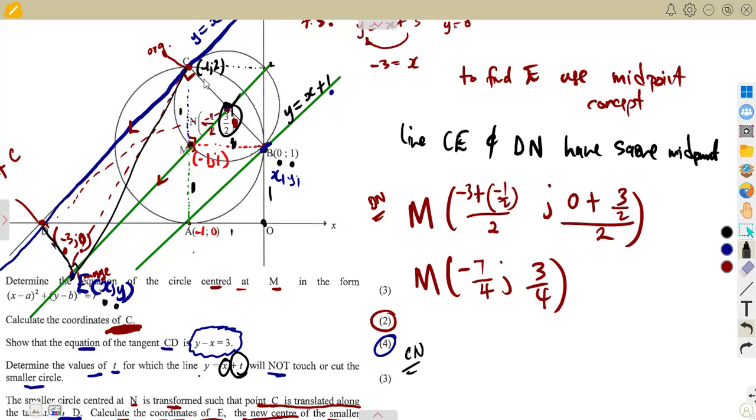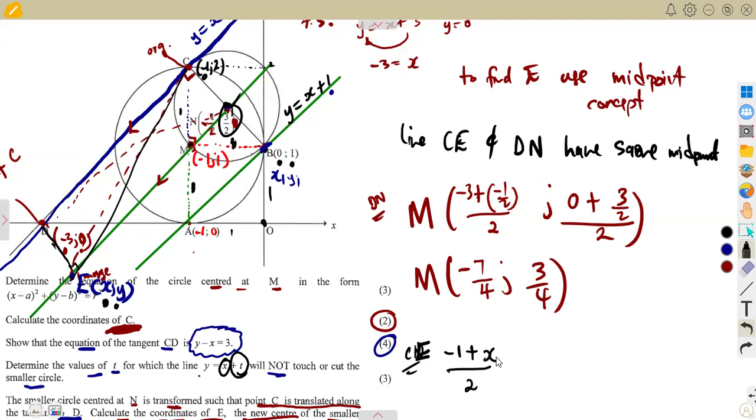At C the x value is -1, plus, because you just consider the average, the x value at E. We want to calculate CE, not CN. So the x value at C is -1, the x value at E is the one that we want, over 2.